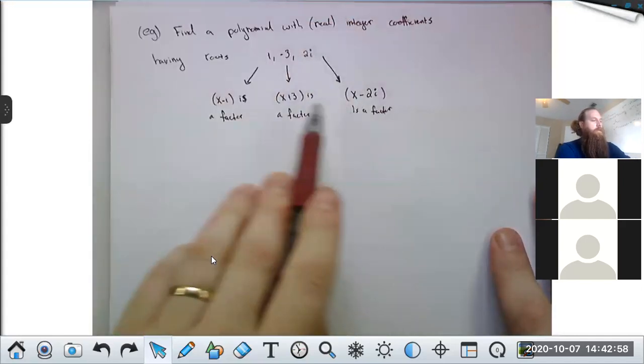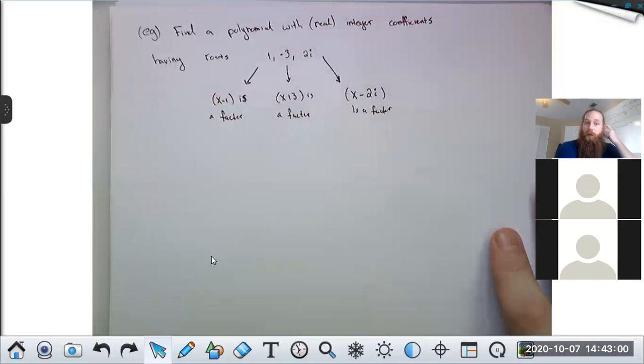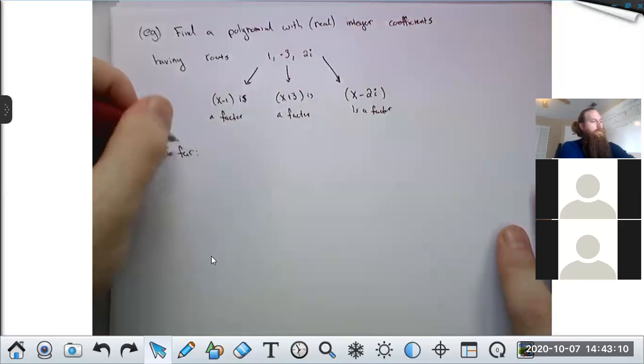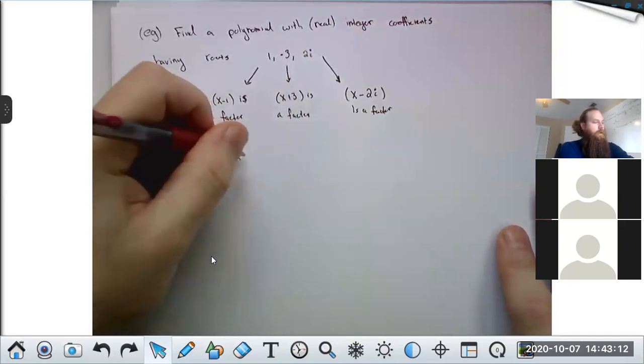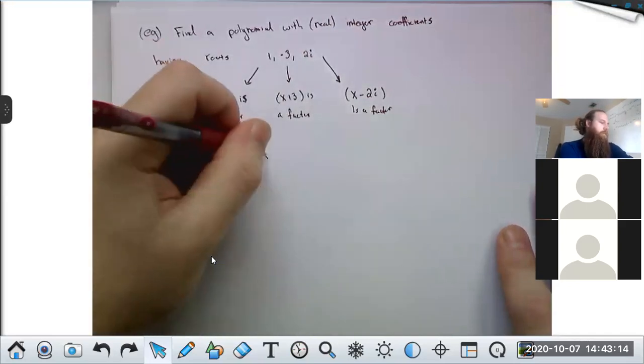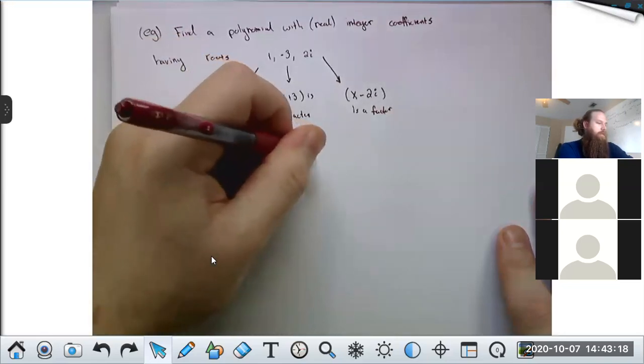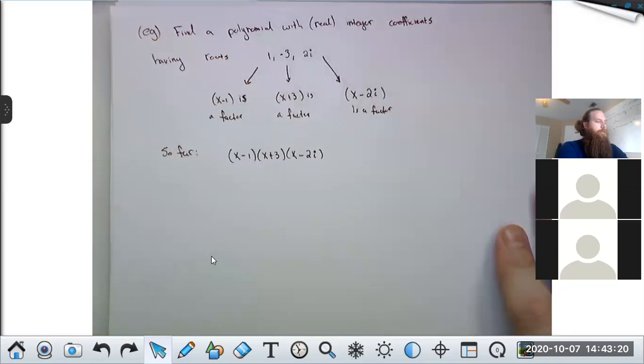But if I just multiplied these three factors, I would not get a polynomial with real integer coefficients. So far, my polynomial looks like x minus 1 times x plus 3 times x minus 2i. What other number must be a root of this polynomial?